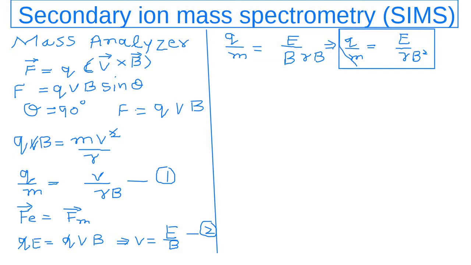Here you would have the source which is emitting the ion, giving you the charge. Then you have applied the electric field in this region.